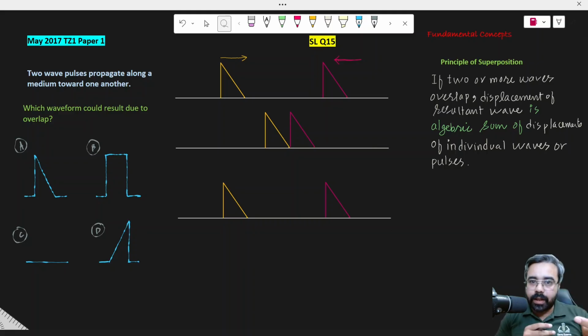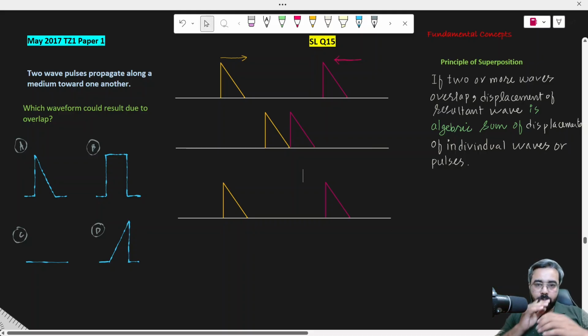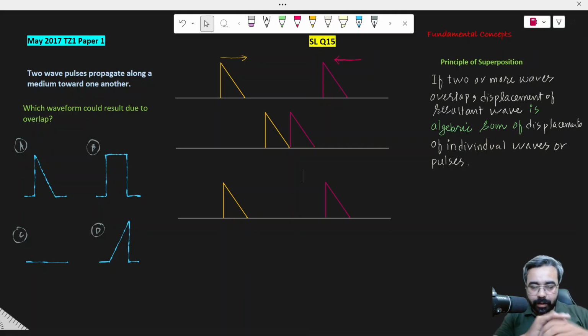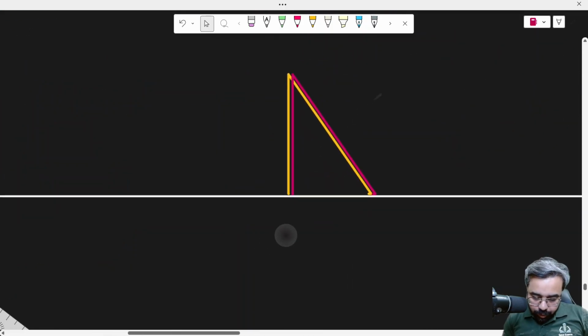They have not started superposing with each other. In the next diagram, I'm going to show you their maximum overlap, their maximum superposition, and that can happen only when these two pulses are over each other perfectly. They will sync with each other. So see here, I have tried to show you like this.